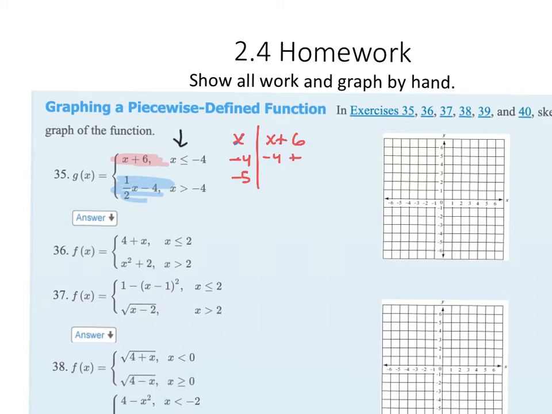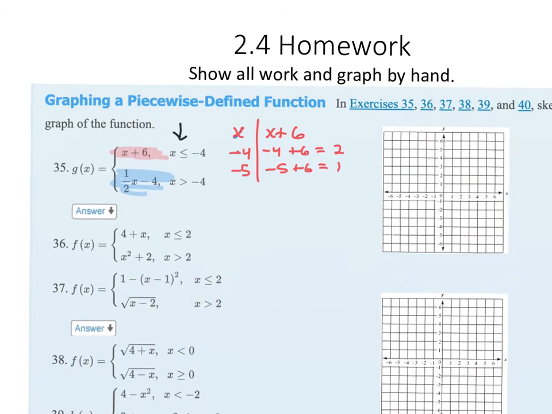So -4 plus 6, and I get 2, and then -5 plus 6, and I get positive 1. So I'm going to go ahead and graph these ordered pairs. This would be one way that I could get that graphed.